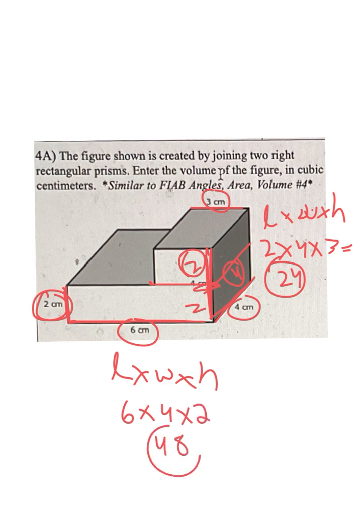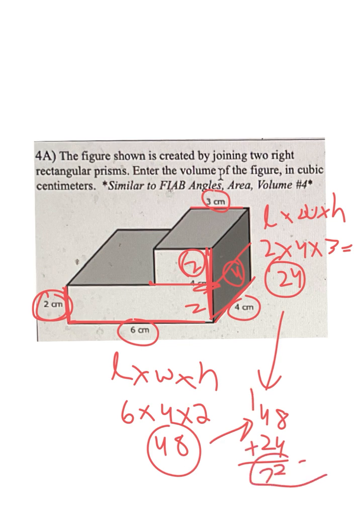Now for the total, you're going to want to combine your 24 with your 48, and that's 72 cubic centimeters. So guys, notice that I'm putting the 3 because it's cubic. Cubic means it's to the power of 3.